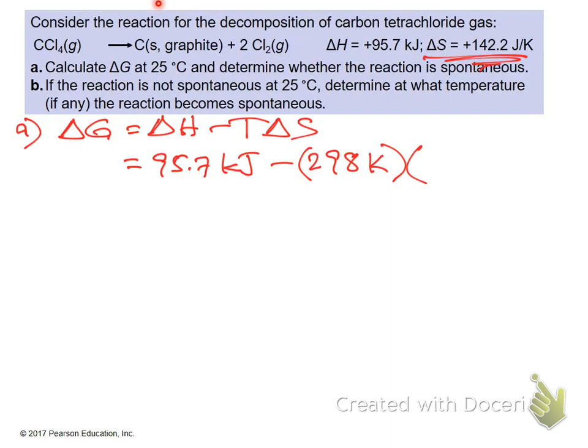So first we have to convert joules to kilojoules. So all you have to do is divide this by 1,000. So 0.1422 kilojoules per Kelvin. So you can see that kelvins will cancel here.